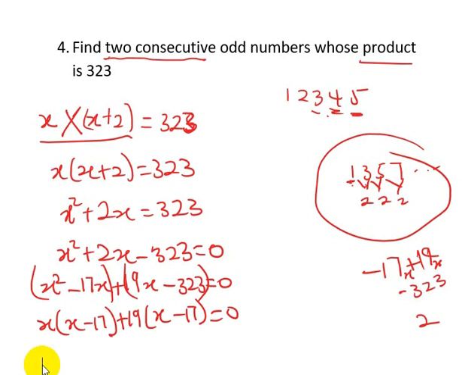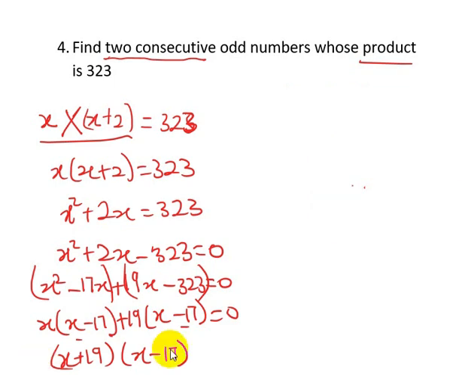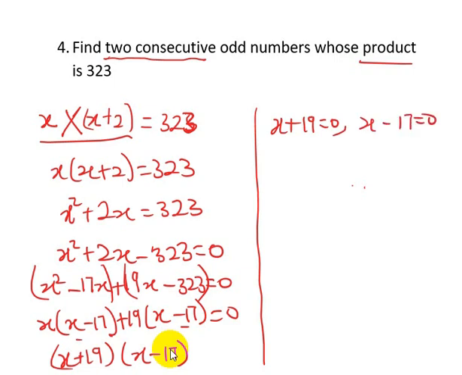This and this are the same, so x plus 19 in one bracket and x minus 17 in another bracket. So from there, we are finding the numbers: x plus 19 equal to 0 and x minus 17 equal to 0. So we get x equals minus 19 and also x equals 17.